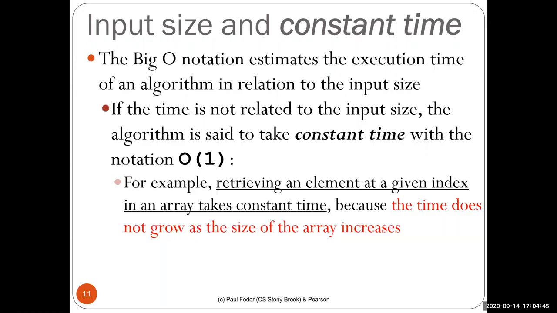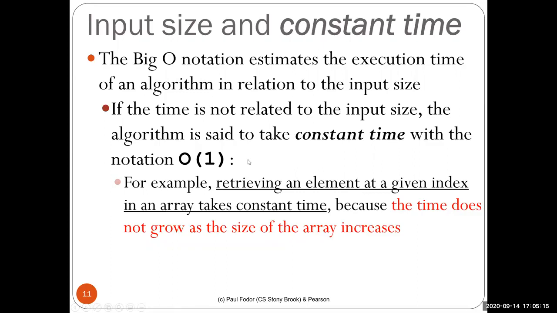For instance, if a method returns the first element of an array, no matter what the size of the array is, you only need one step. In general, you need a constant time to return the element. You don't need to execute a variable number of steps. So we call such an algorithm a constant time algorithm, and we write it as O(1) as the notation.